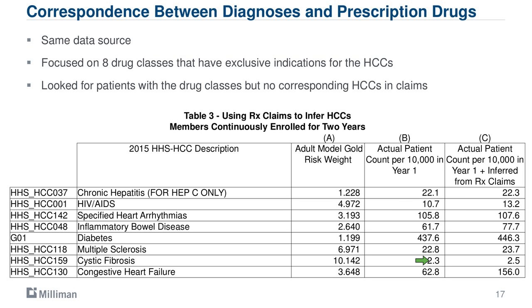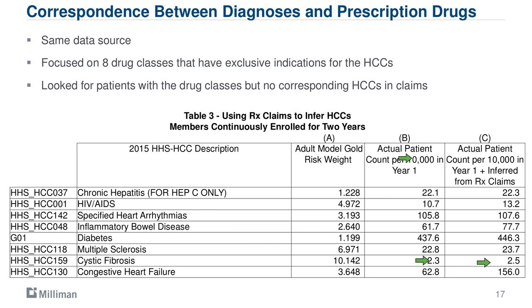And we are seeing that within the year, if using medical claims, we were seeing about 2.3 patients out of 10,000. But if we also look over to the pharmacy claims, we could actually increase that prevalence by about 0.2%.